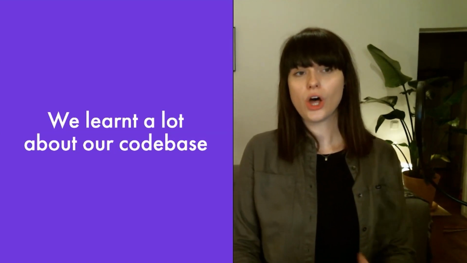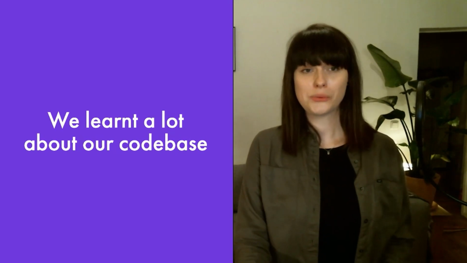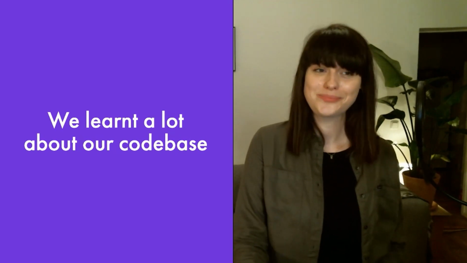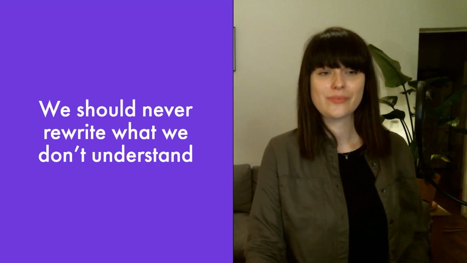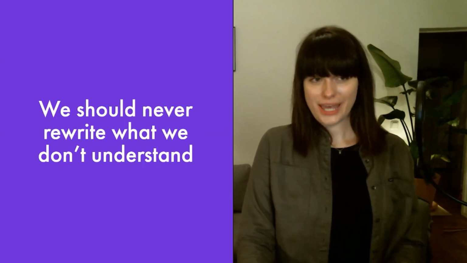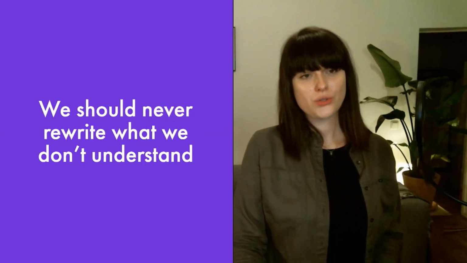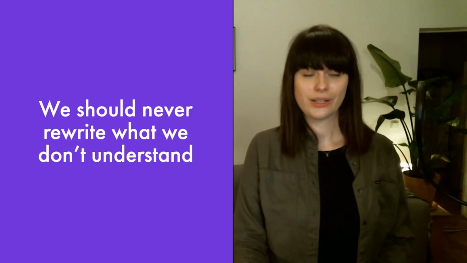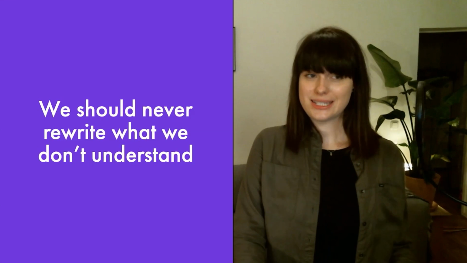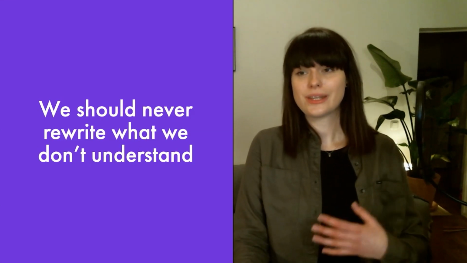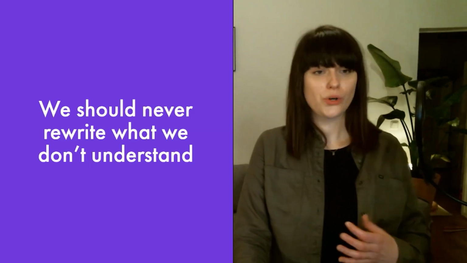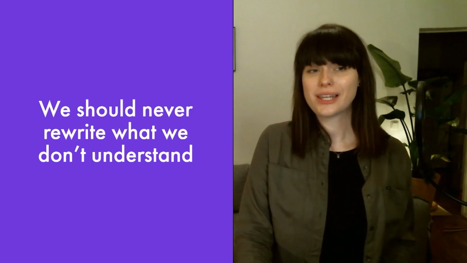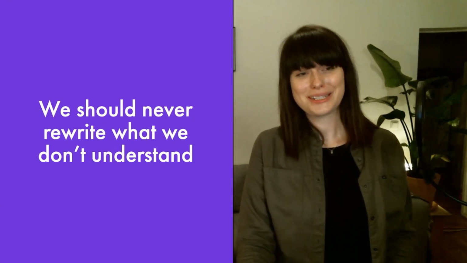So rewriting features taught us a lot about our own code base, and we created a lot of documentation. It became obvious that one should never try to rewrite or refactor something they don't fully understand first. And, well, ideas that we thought were quirky, for instance, turn out to be clever once you've understood them many times.